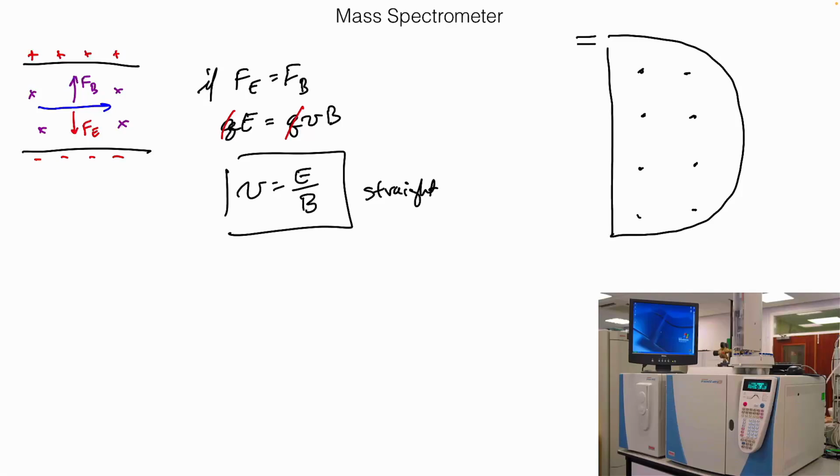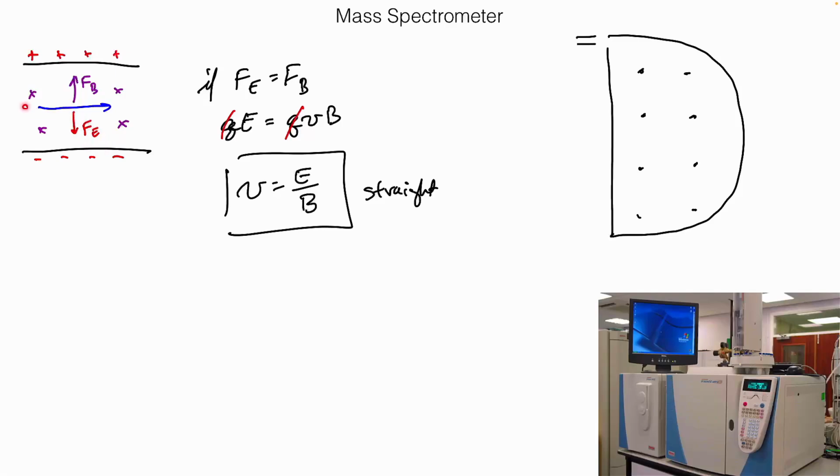And which way is it going to go? It'll curve upwards. It'll do that if it's going too fast. If it's going too slow, who wins? The electric field wins. And it'll curve and slam into the bottom plate.